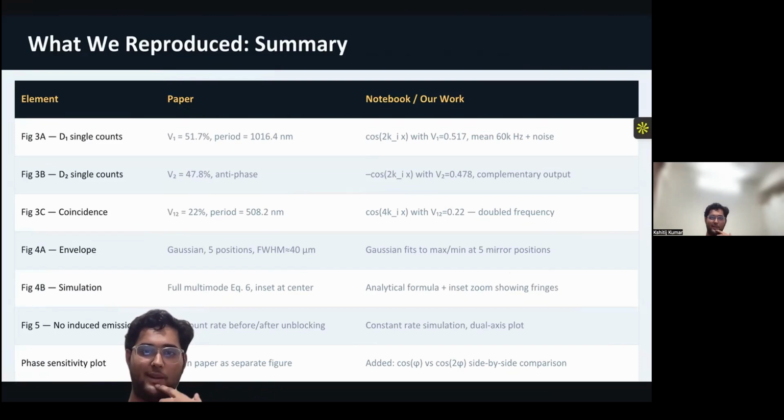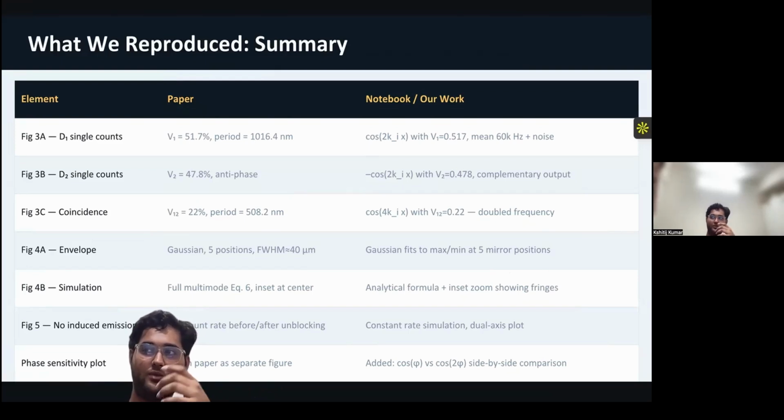This is what we reproduced. For figure 3, the interference fringes, we match the visibilities of 51.7% at D1, 47.8% at D2, and 22% in the coincidence channel.